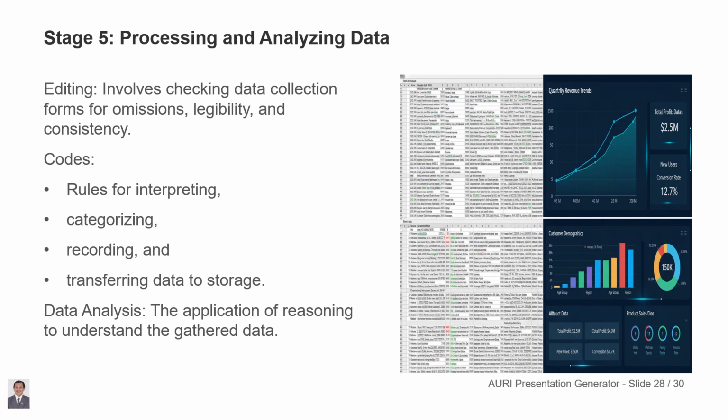This typically helps with its efficient transfer and processing by computer systems. Finally, we reach the core of this stage: data analysis. This is where we apply statistical techniques, logical reasoning, and critical thinking to the data. Our goal is to uncover meaningful patterns, identify relationships, test hypotheses, and extract actionable insights that address our research objectives.